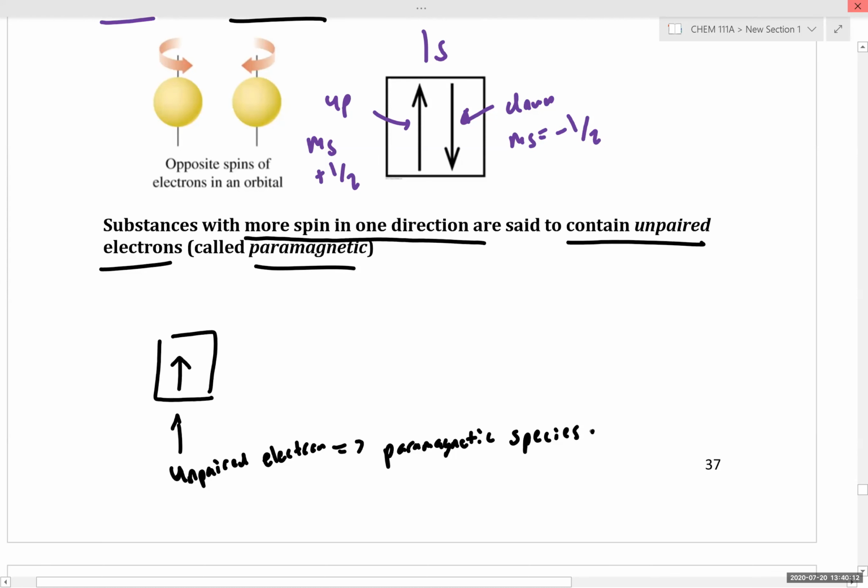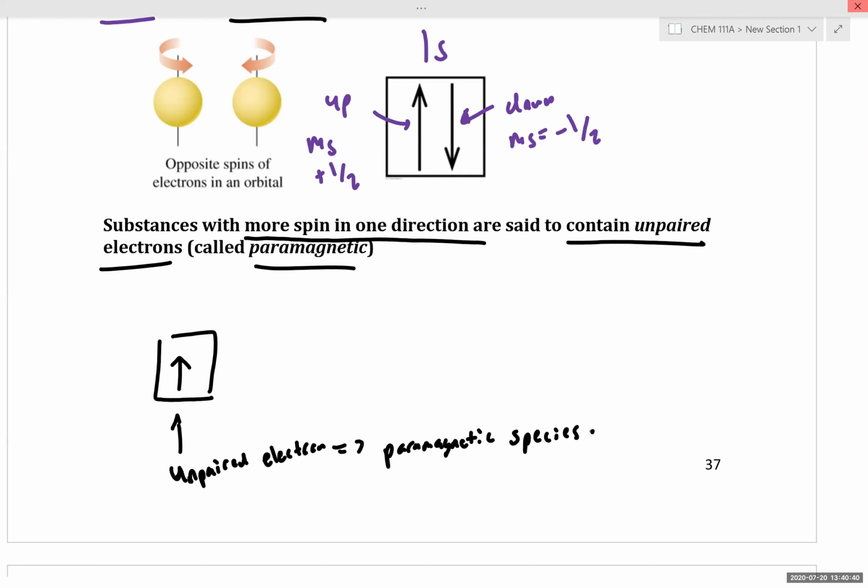Now you may say, why should I care about diamagnetic versus paramagnetic? Well, if you've ever seen these signs near an MRI machine, or if you've ever been to the doctor's office, before you go in for an MRI, you have to take off jewelry and other metals. It's also the same reason why you can't bring certain wrenches near an MRI.